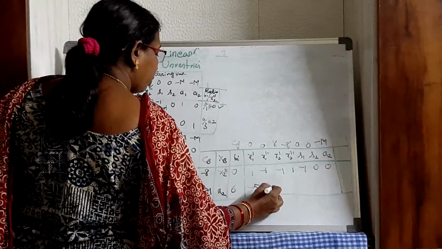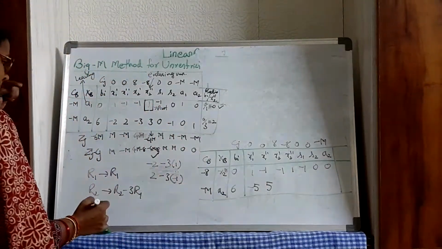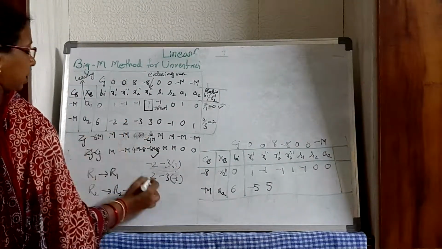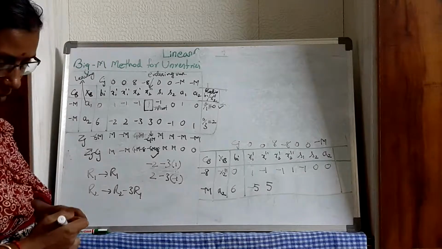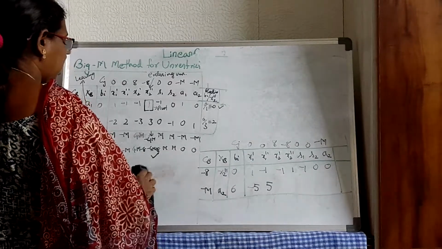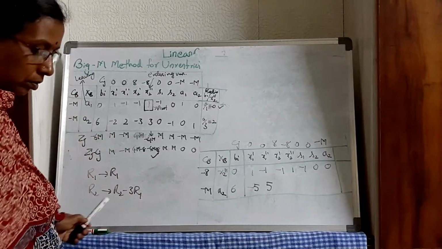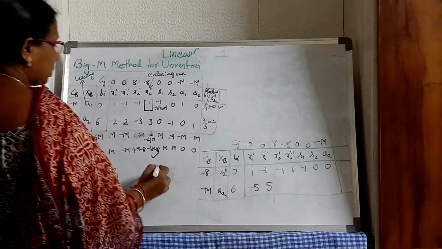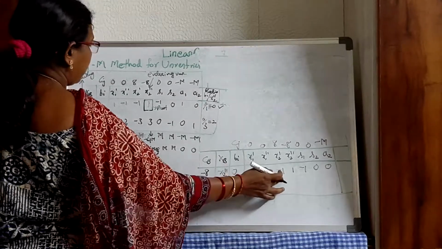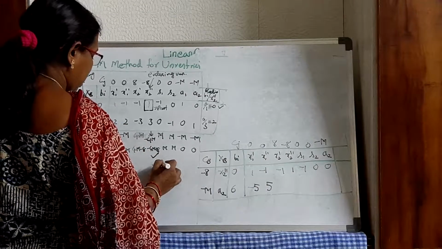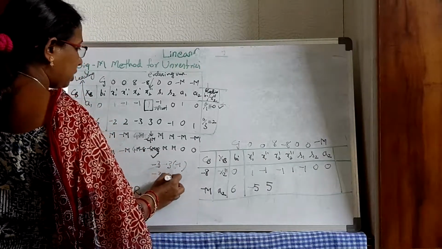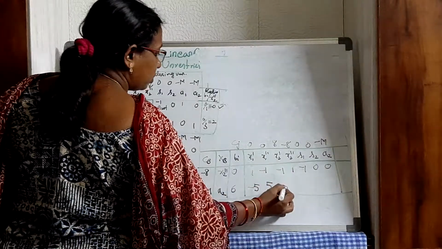That will be 5. Next you have minus 3, and here you have minus 1 corresponding. So minus 3 into minus 1, so minus 3 plus 3. So this will be 0.